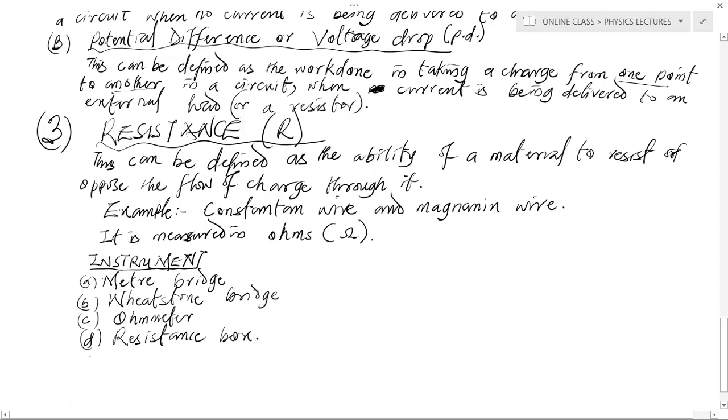The fifth one, use the galvanometer like I did for others. Then we have the multimeter. Now, these are the instruments used.